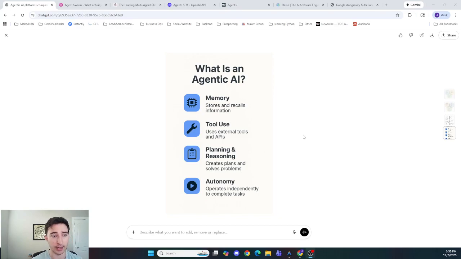So what is Agentic AI? One, it has memory. And so you may think, LLMs have memory. And yes, they do. But this is a different kind of memory. This can store and recall information to a degree that is unlike anything that's paralleled in other large language models. And it can use that to change the tools that it designs itself.